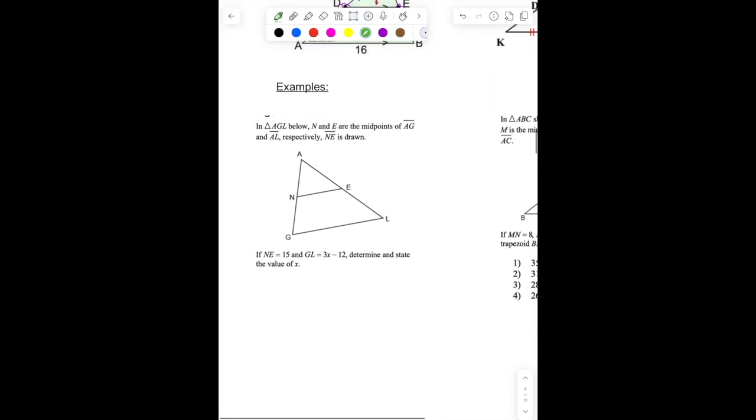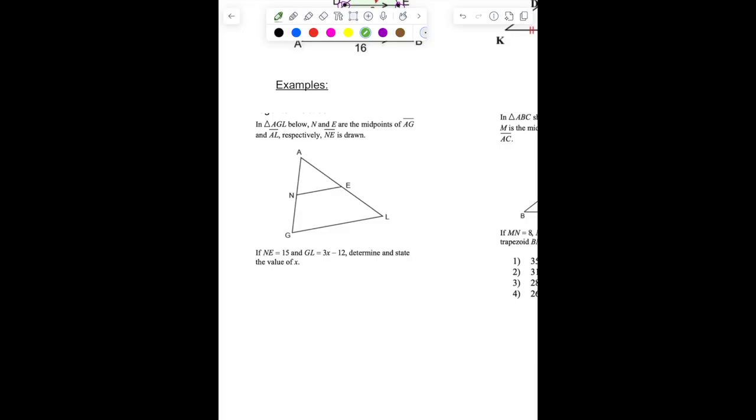Let's do some examples so we can see how midsegments work in some Regents questions. So here in the question, we're told that N and E are the midpoints of AG and AL. So we know for sure that NE is the midsegment because we were specifically told that N and E are midpoints of the sides that they're on.